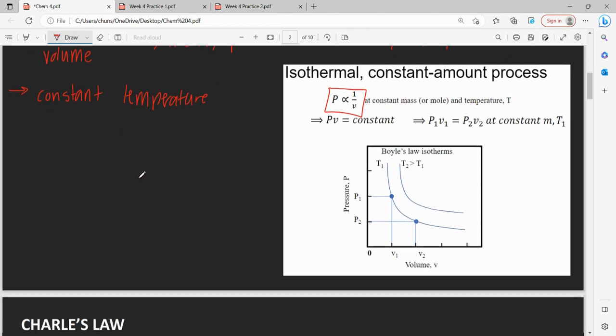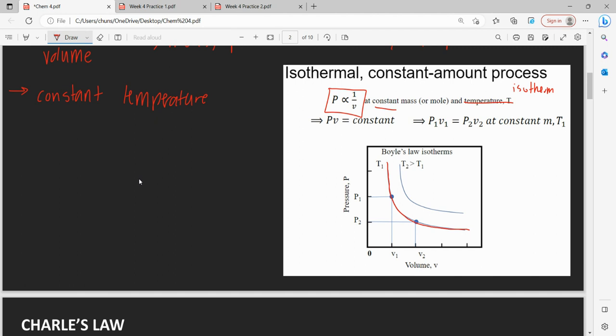For Boyle's law, because we have a constant temperature, that should cue us to use isotherms. It relates pressure and volume, where volume is inversely proportional to the pressure. So that's why it generates this kind of curve on our graph.